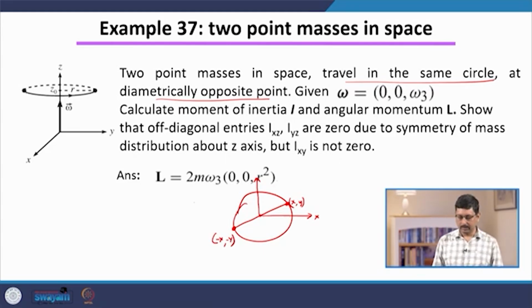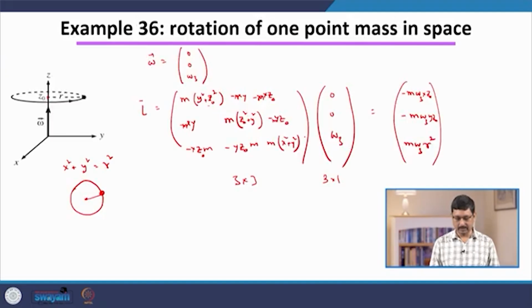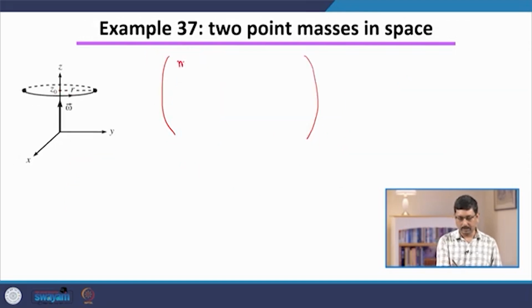So, let us calculate the moment of inertia matrix first. Let us start with the expression that we got earlier and generalize this. What we got earlier is the moment of inertia matrix, which I am writing first for a single point mass.